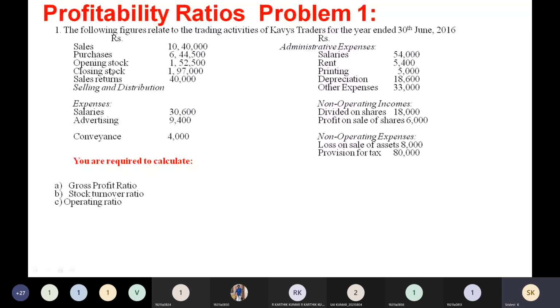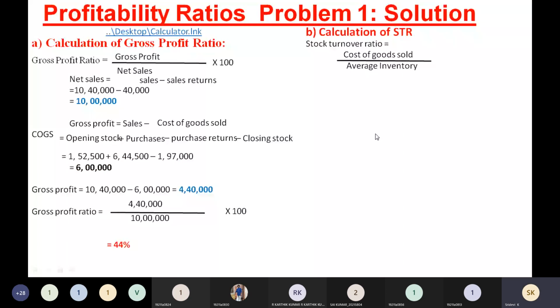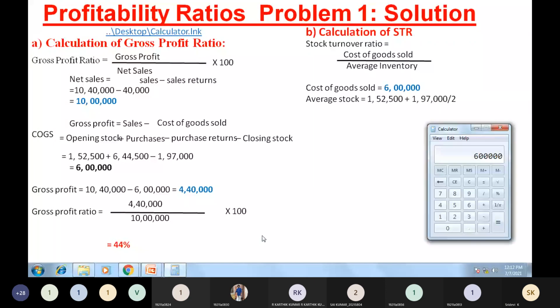So let us go to the solution. Add both the opening stock and the closing stock: 1,52,500 plus 1,97,000 is 3,49,500. Now divide it by 2.